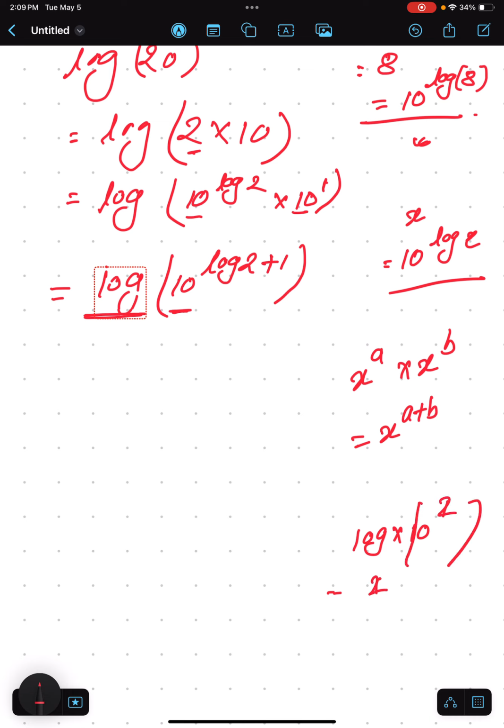You getting my point? That is one of the properties. So that means my answer is log 2 plus 1. I think most of you get confused over here, right? Because this and this mean the same. That is just opposite. They just cancel each other. So that is the question. I hope you understood this.